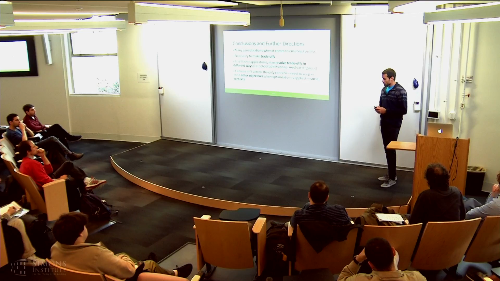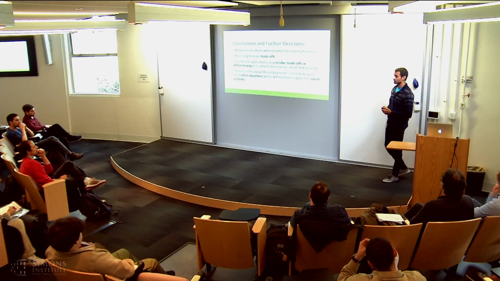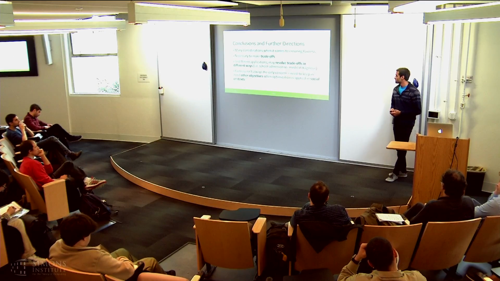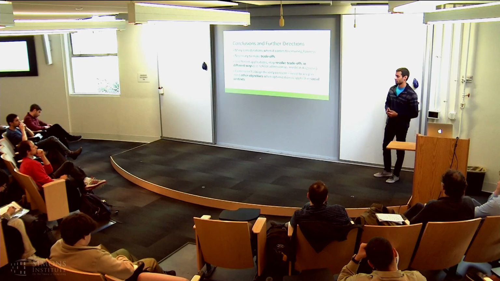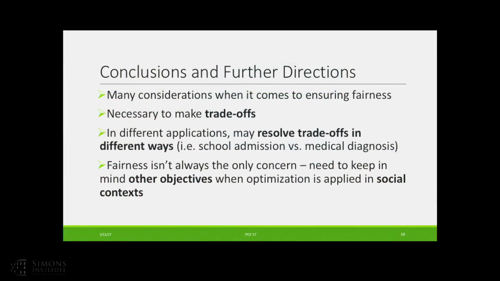Okay, so in conclusion, there's a lot of considerations when it comes to fairness, and as we've seen, it really does require making some trade-offs between the various things that we care about. And we may have to resolve these trade-offs in different ways. The example I'll give you is, if you're thinking about school admission, maybe you're okay with some level of affirmative action because you think that you should give equal opportunities to everyone.